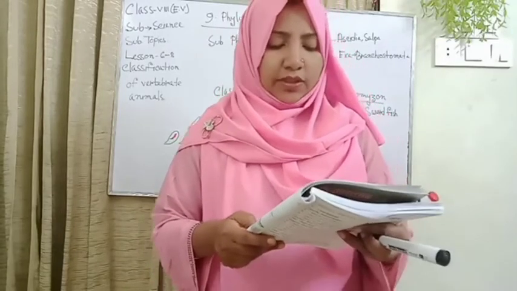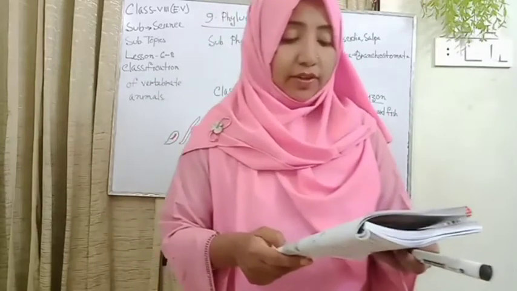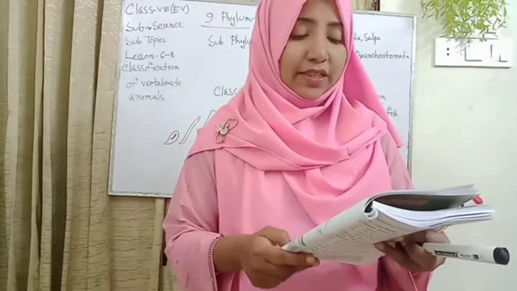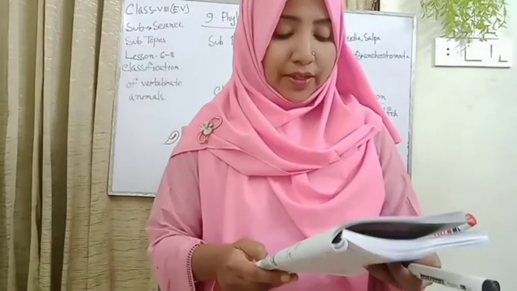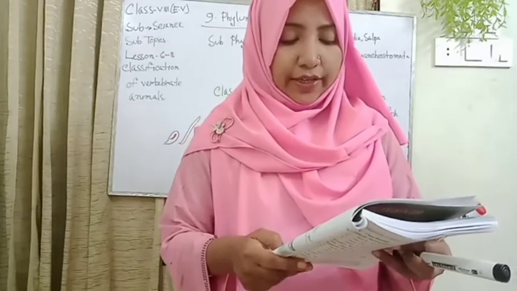Mostly freshwater fish. Skin with cycloid scales. Dear students, when I explained the Chondrichthyes, they had placoid scales. Now these have cycloid, ctenoid, and ganoid scales.